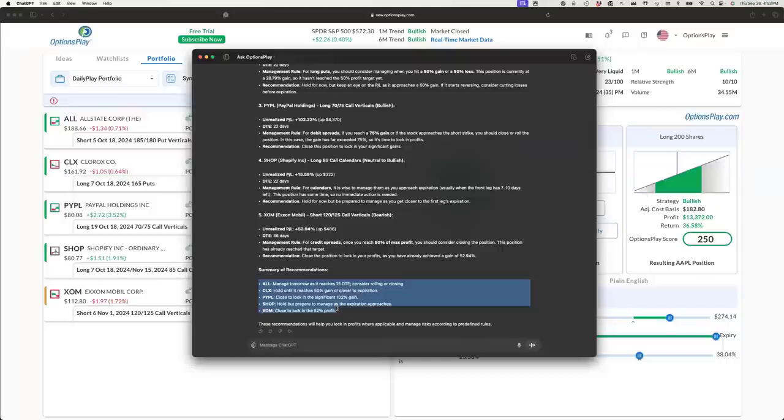This removes a lot of the mental energy that's required to go through your positions every single day. Honestly, when you have multiple losing positions, it takes more mental energy to evaluate them and think through whether you need to do something. Or with positions that are slightly profitable, you're trying to decide, should I hold on to it? Should I close it? And you're trying to do that mental math.